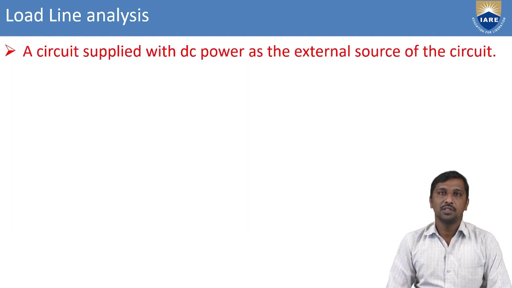To observe this load line analysis, the PN junction diode can be configured under forward bias. What is the meaning of biasing here? It means that we need to apply an external DC source to a PN junction under the forward bias mode.